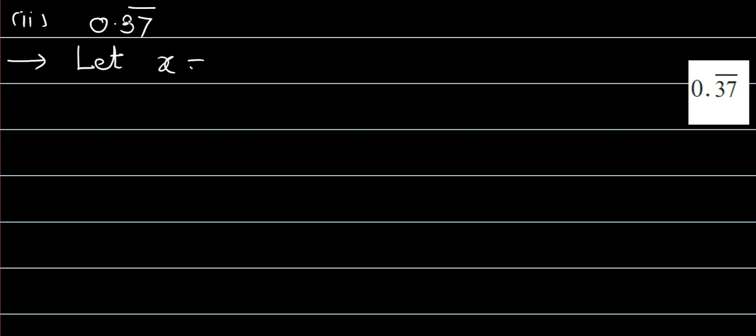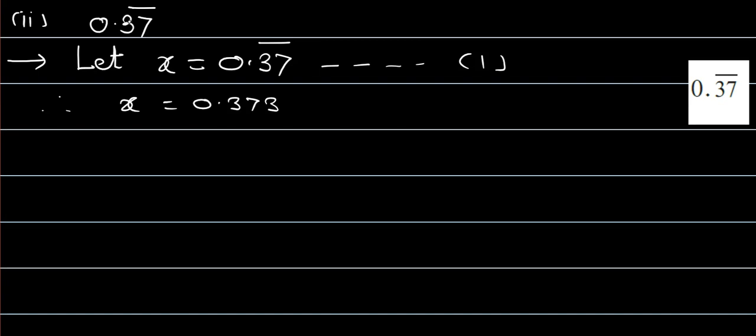Let x equal 0.37 recurring. This is equation number 1. Now here 2 digits are repeated. Therefore we will multiply both sides by 100. Therefore 100x equals 37.373737 dash dash.